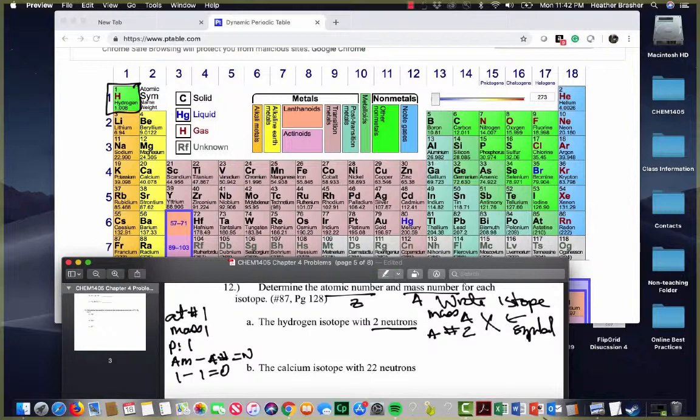So when we're looking at this, what changes? Does the atomic number change? No, right? The atomic number is the number of protons. That does not change. So the atomic number, or Z, is 1 because that's what hydrogen is. The mass, which is A, is actually going to be what?